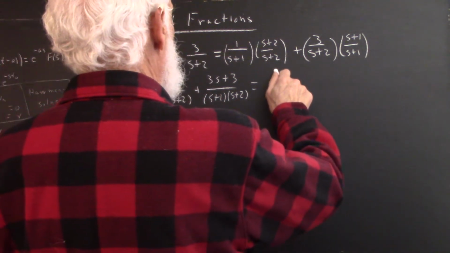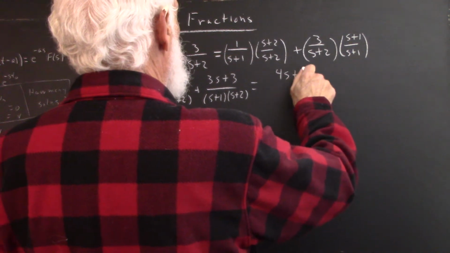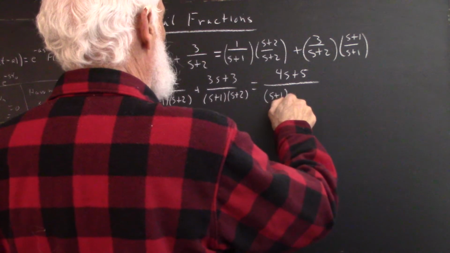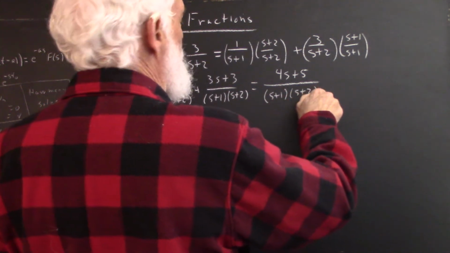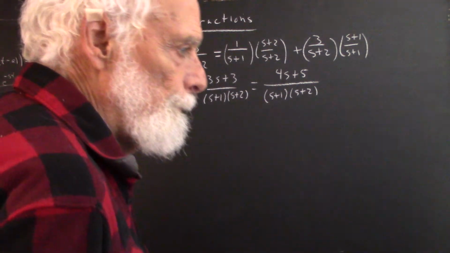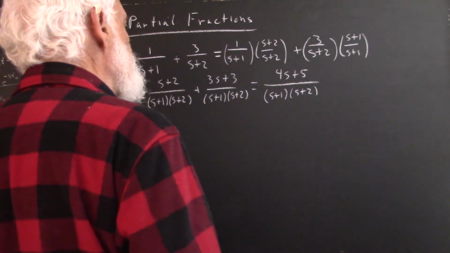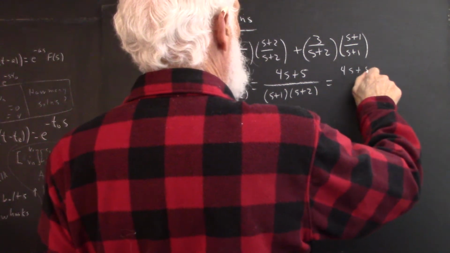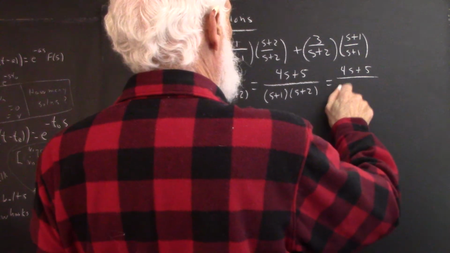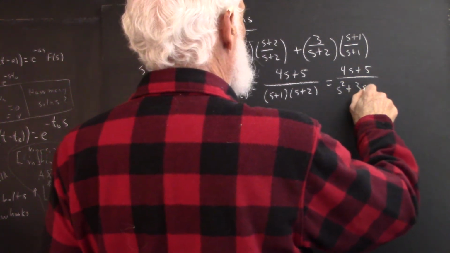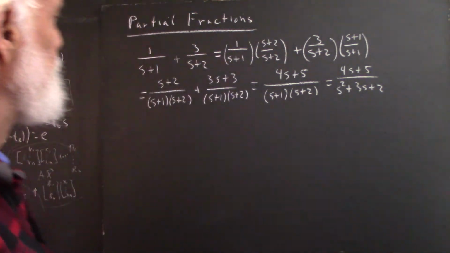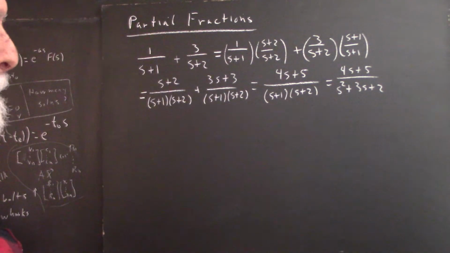So that gives us 4s plus 5 over s plus 1 times s plus 2. And we can even say, okay, that's 4s plus 5 over s squared plus 3s plus 2.